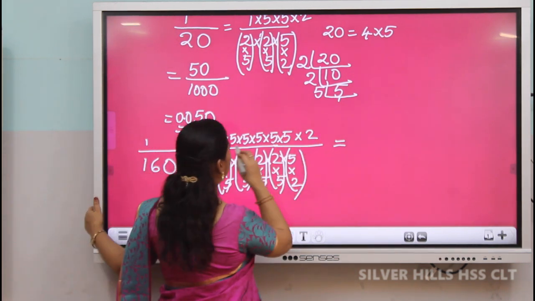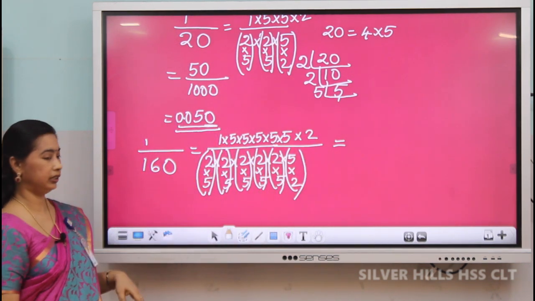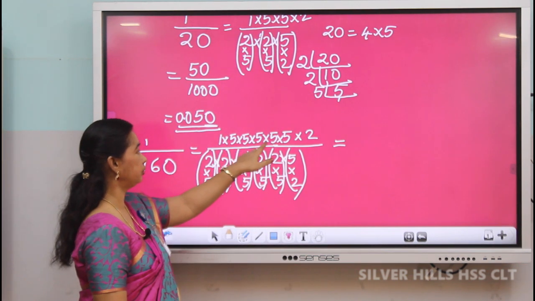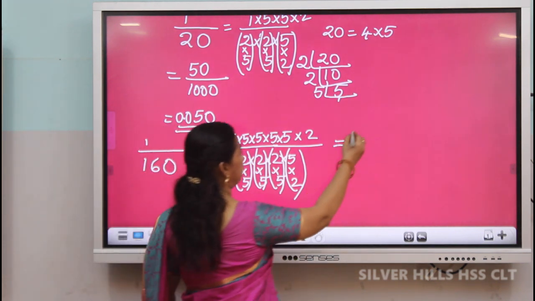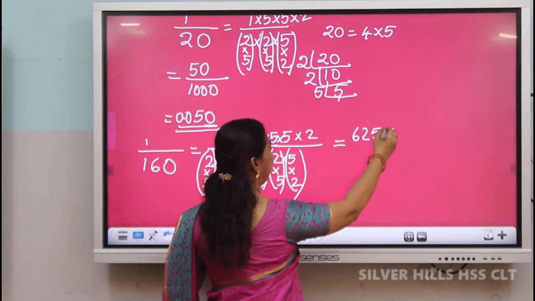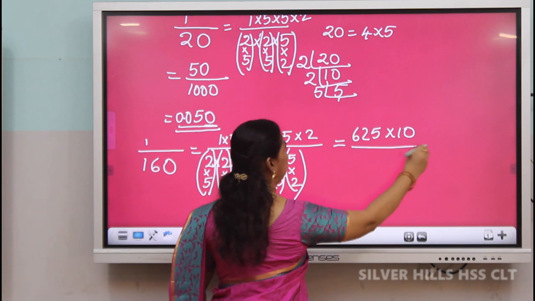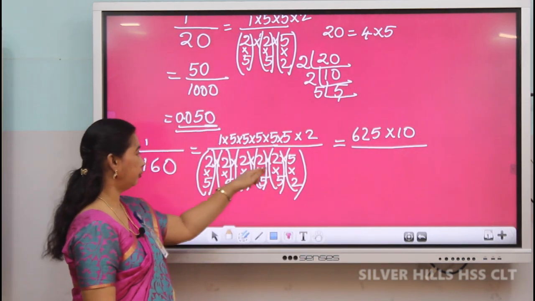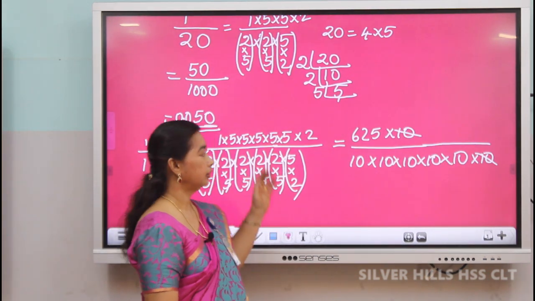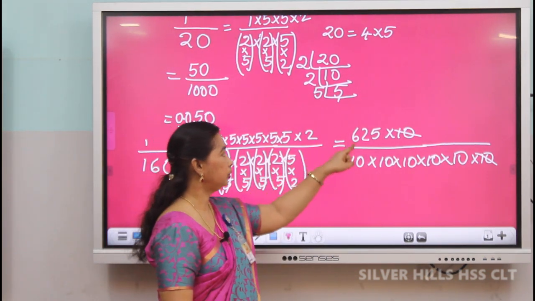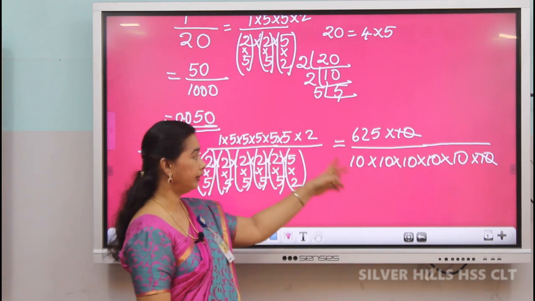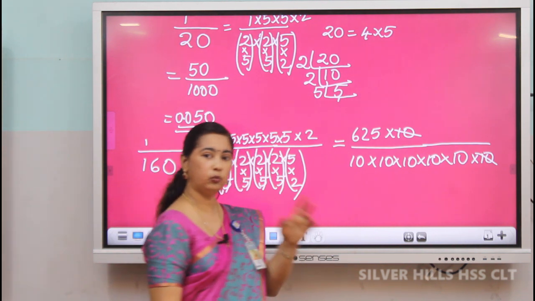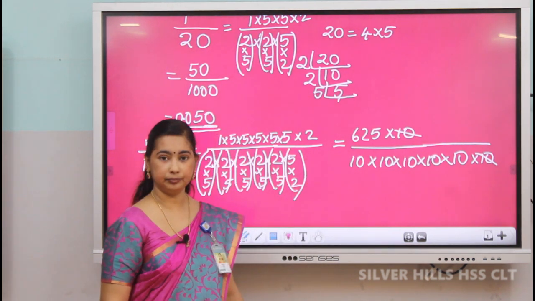So, that is equal to, we will multiply the numerator first. Multiplying the numerator, 5 into 5 is 25, 25 into 25 is 625, 625 into 10 will be the numerator. See the denominator, how many 10's are there? 1, 2, 3, 4, 5, 6 10's are there. So, we are getting here 625 into 10 divided by 6 10's. And since in the numerator and denominator 1 10 is common, I cancel that 10.